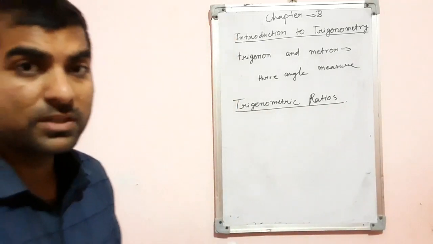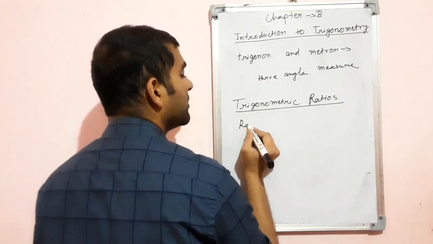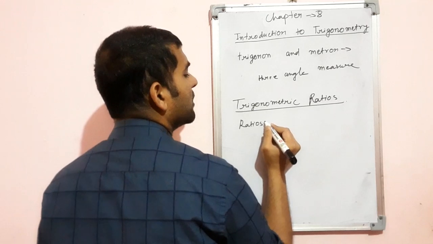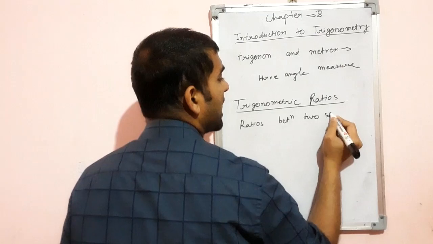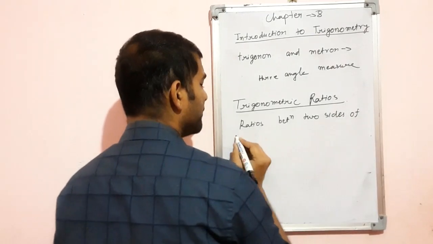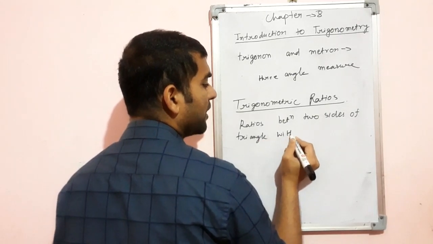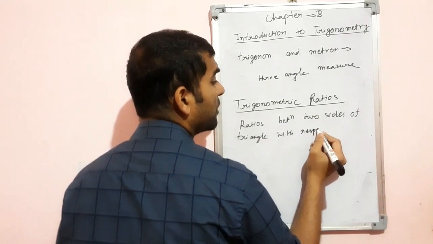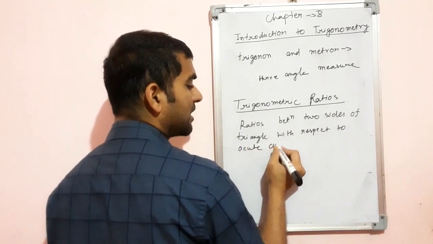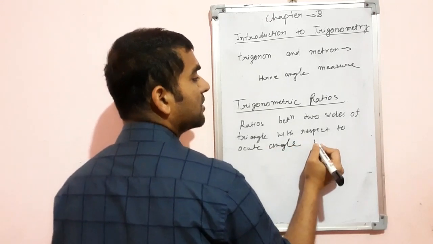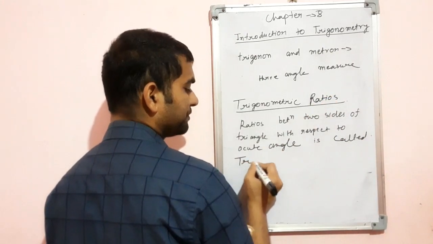We have to know the definition, so try to remember it. The ratio between two sides of a triangle with respect to an acute angle is called a trigonometric ratio.